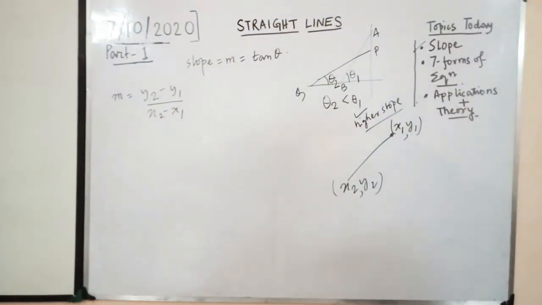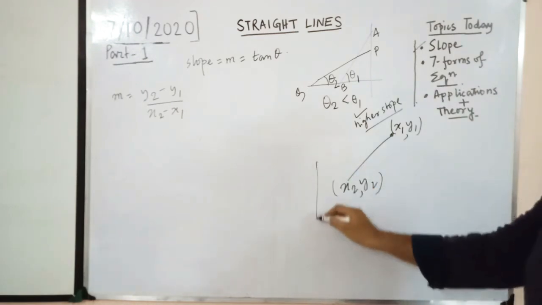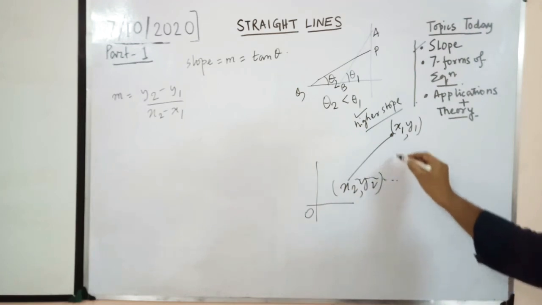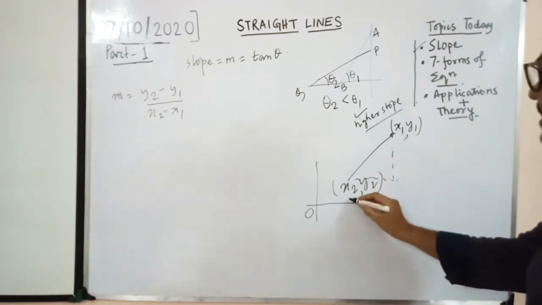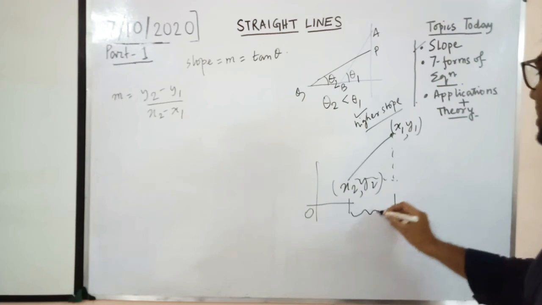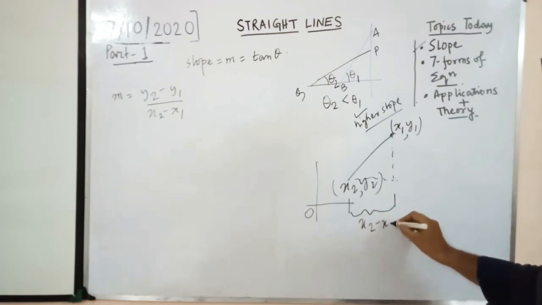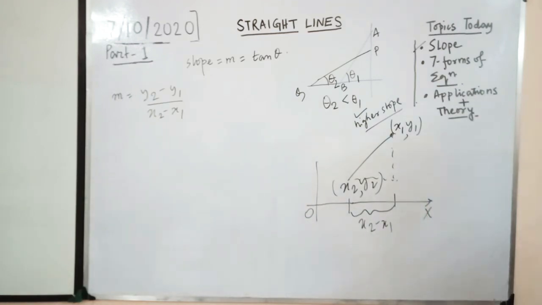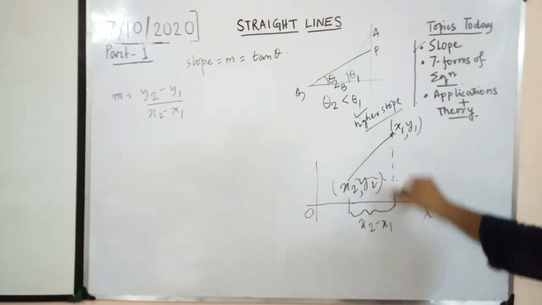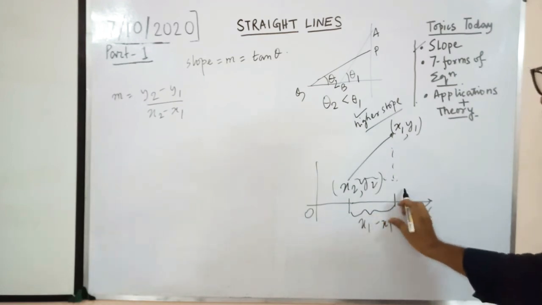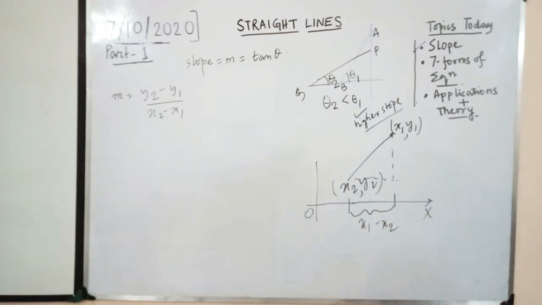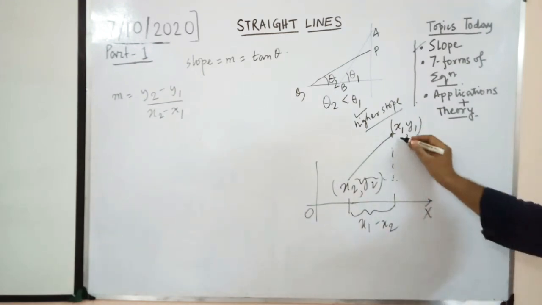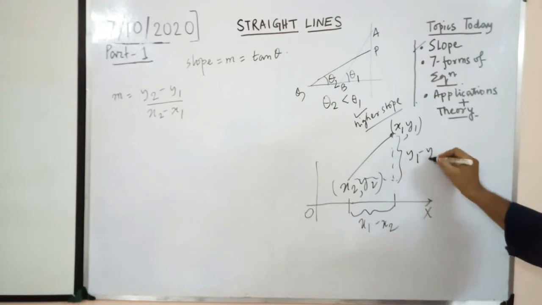This happens because if you assume somewhere an origin like this, and if you complete this triangle, you will find that this base is x2 minus x1 on the x-axis. It is a difference of the x values, or rather I should swap it, x1 minus x2, because x1 is larger, and this value will be y1 minus y2.